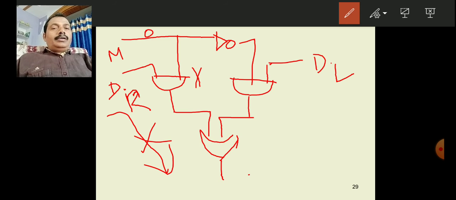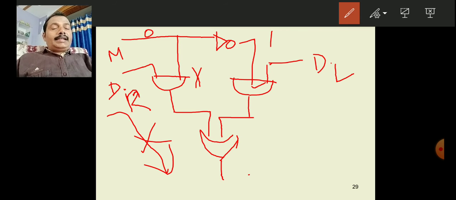But because m equals 0 in this mode, the NOT gate output is 1. Hence, this AND gate is enabled. That means data left, DL, is allowed into the OR gate and hence it is entered into the flip-flop.